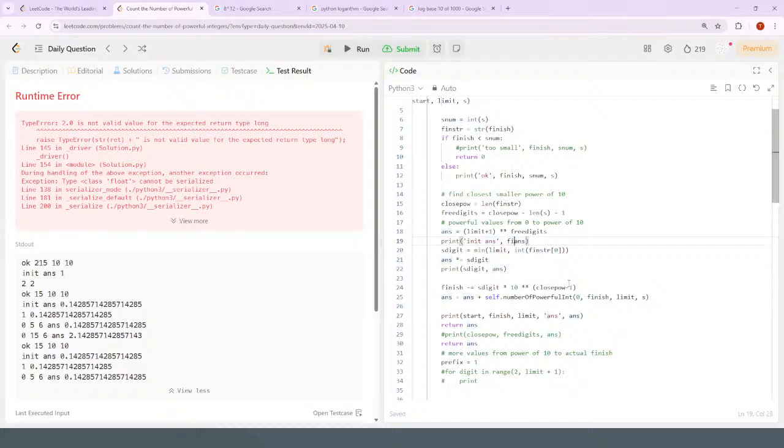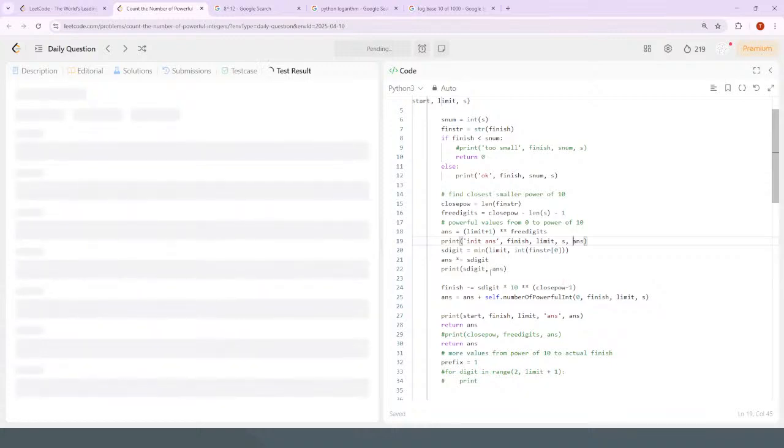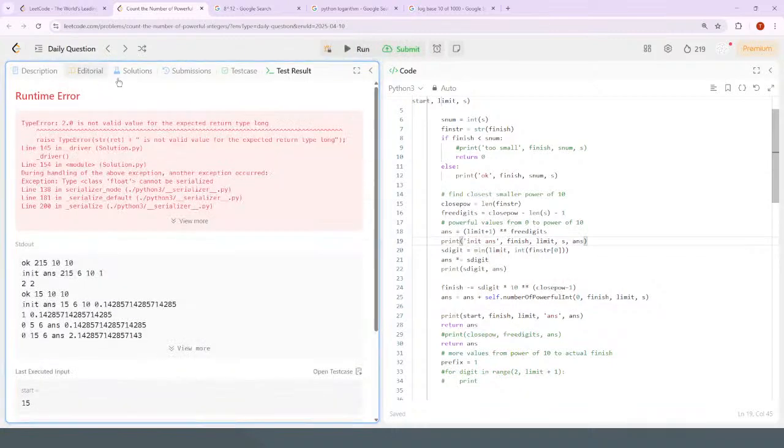Start is always 0, so finish, limit, s. So initial answer. No, finish is 215, limit is 6. And you have 10 as your ending. So 1 is your answer. That's fine.